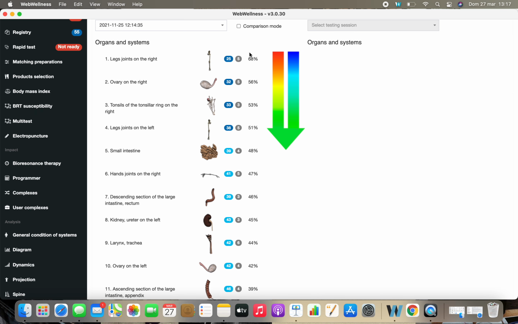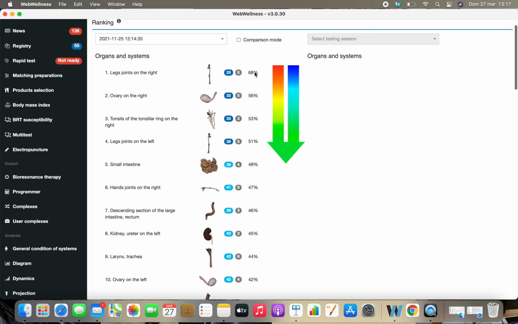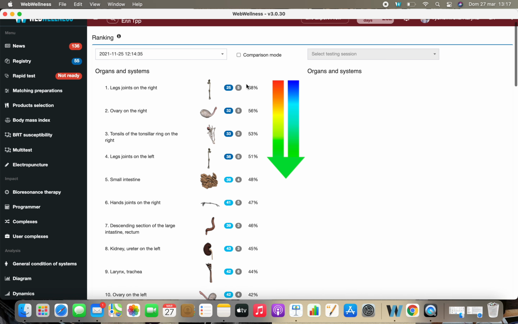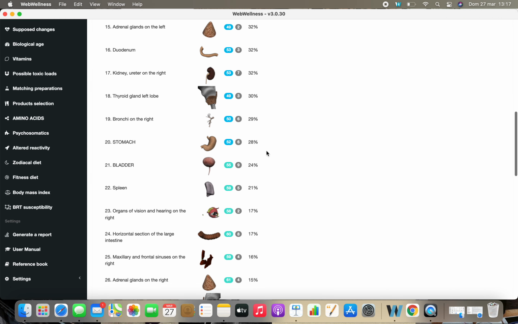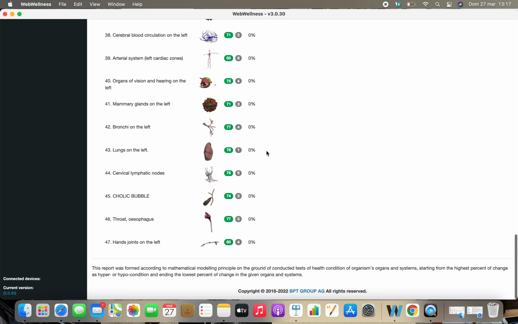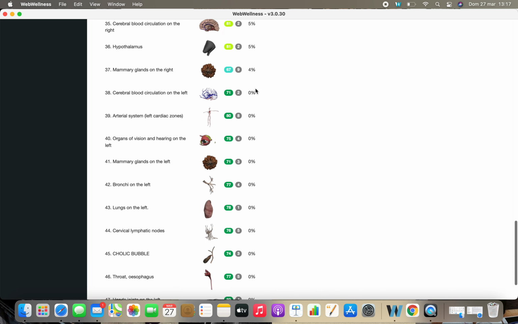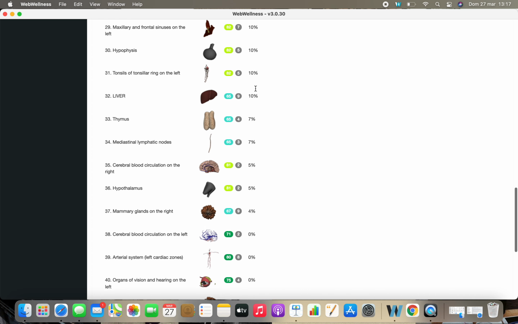So this is a percentage of, we have a percentage of health, like 0% would mean that there are 0 problems with this organ or system, 0 dislocations, right? 68 means that in the ranking we have 68% of a problem with this organ or system. If we go down, we will see that the organs and systems, those are the most healthiest ones, 0% of problem, and then it's rising.